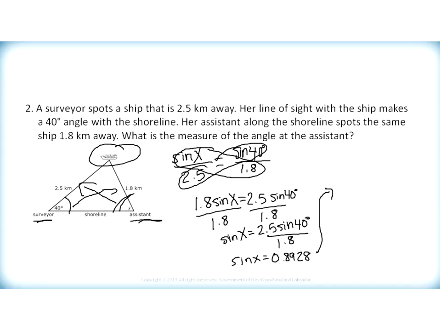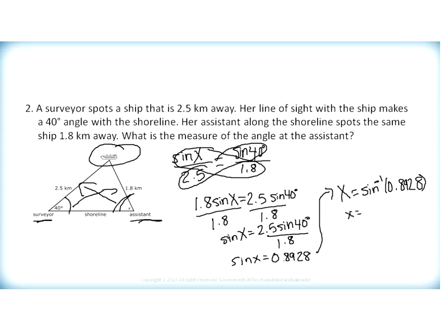Okay, so now to find x, I have to get x by itself. I'm going to bring it up here. I've got to get rid of that sine ratio, so I'm going to do the inverse sine of 0.8928. So x is equal to the inverse sine, so for me I have to hit second sine, and then I type in 0.8928.